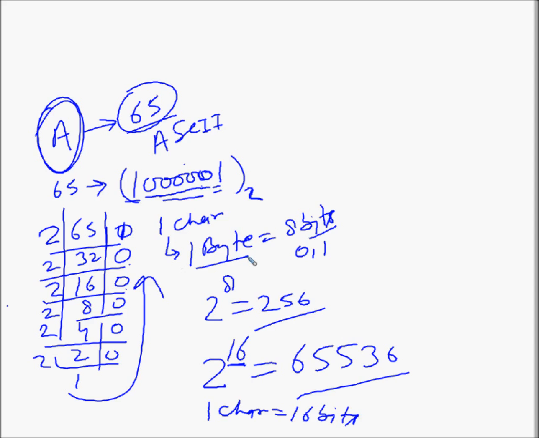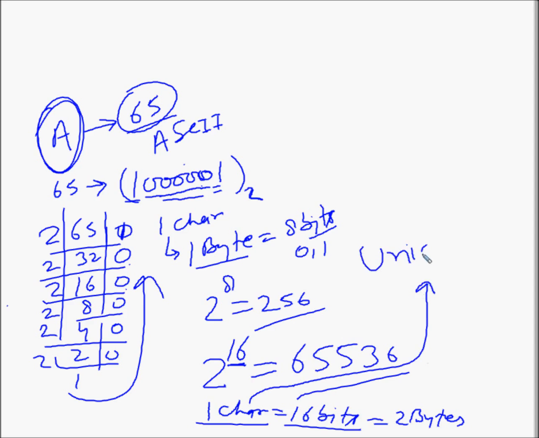But in this case, one character is taking 16 bits, I mean 2 bytes of memory. So this is a special character, called Unicode characters. A character which occupies 2 bytes of memory is called a Unicode character.